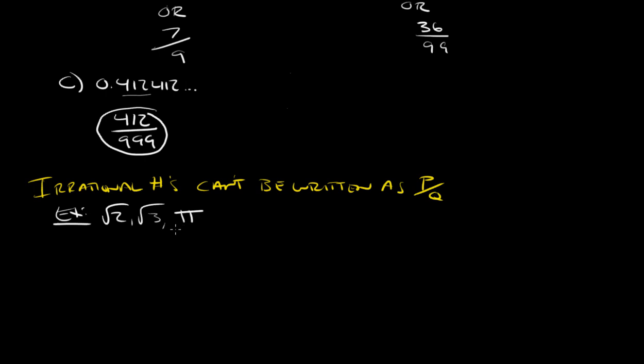They all have, let's write this down so we don't forget, irrational numbers have no end, meaning that the number continues on forever and ever, and they do not repeat.